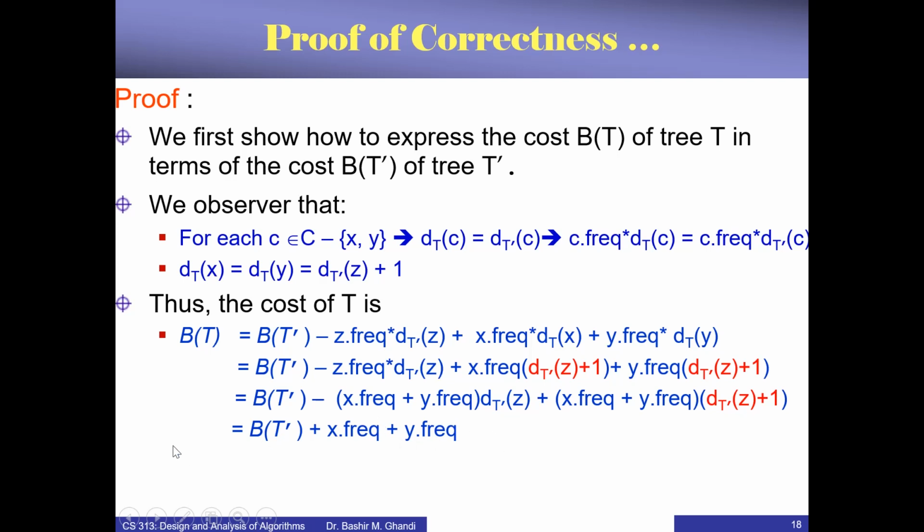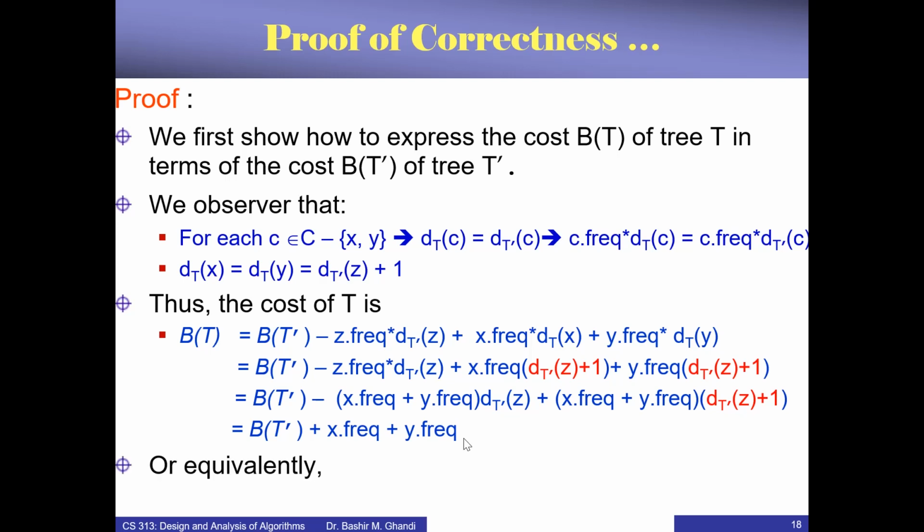And this is the point we are trying to achieve, representing the cost of BT, the bigger tree, in terms of the cost of BT prime, the smaller tree. So actually the cost of the bigger tree is the cost of the smaller tree plus the frequency of x plus the frequency of y. This is what this shows.